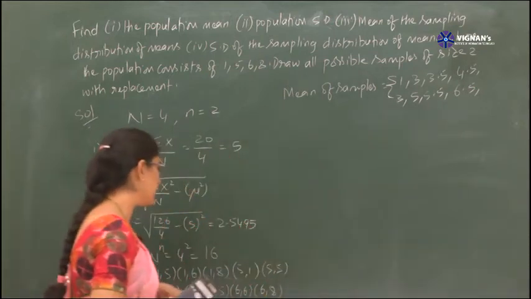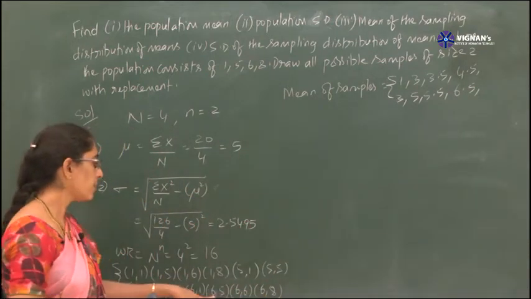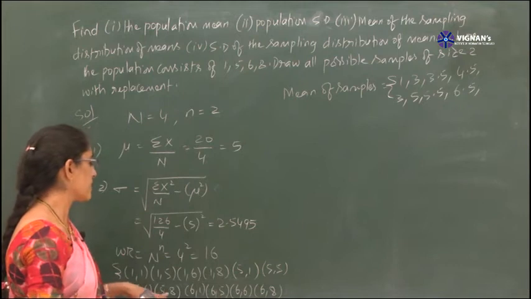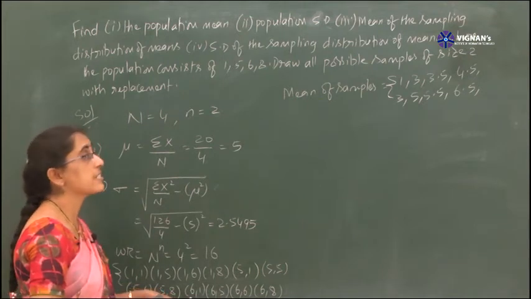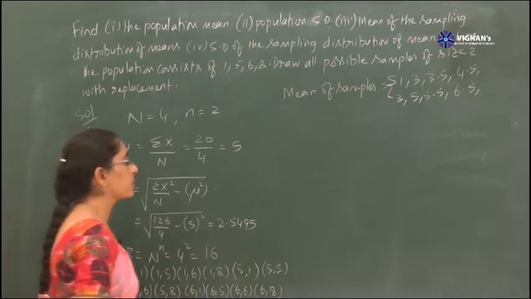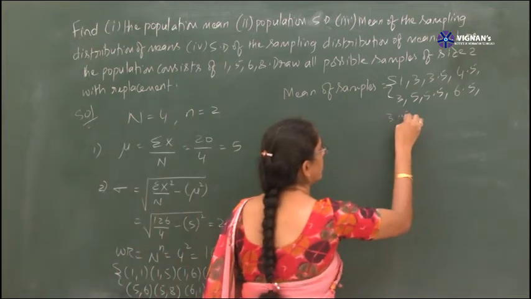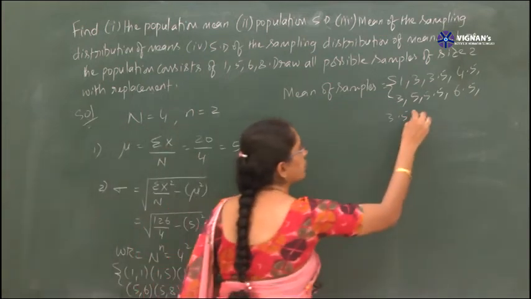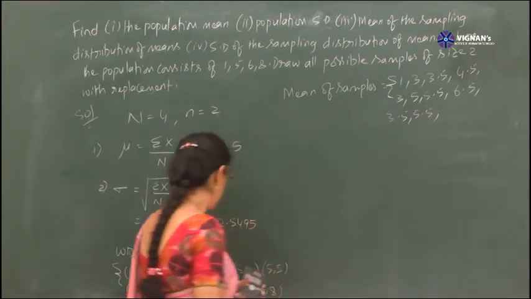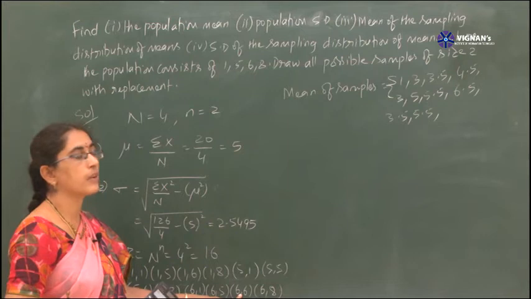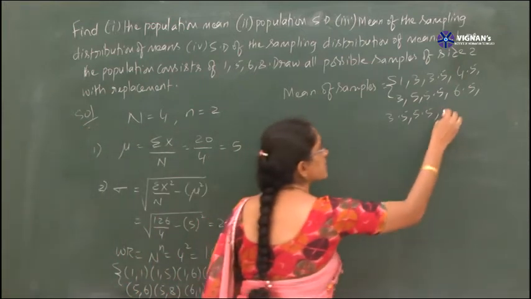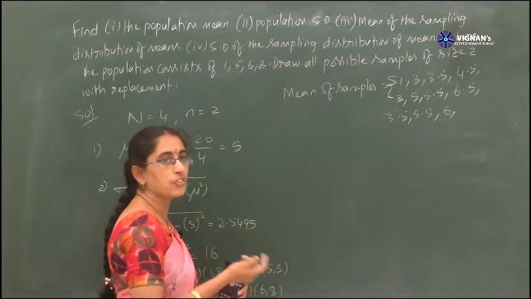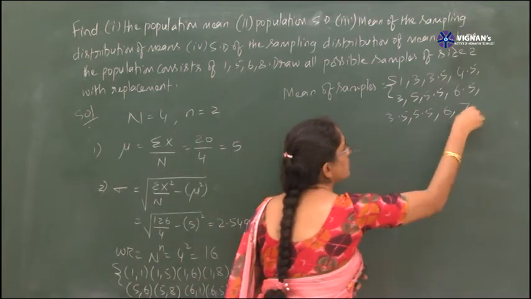Then we have completed 5,8. Then 6 plus 1, 7, 7 by 2 is 3.5. Then 6 plus 5, 11, 11 by 2 is 5.5. Then 6 plus 6, 12, 12 by 2 is 6. 6 plus 8, 14, 14 by 2 is 7.